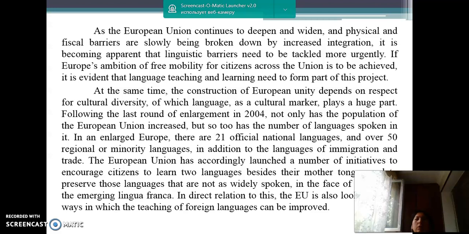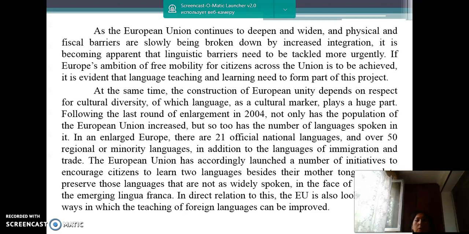In addition to the languages of immigration and trade, the European Union has accordingly launched a number of initiatives to encourage citizens to learn two languages besides their mother tongue and to preserve those languages that are not as widely spoken in the face of English as an emerging lingua franca.